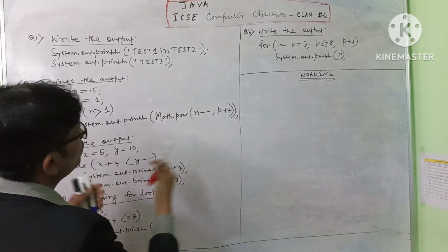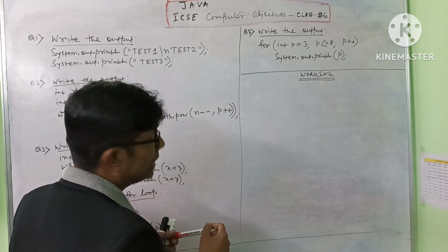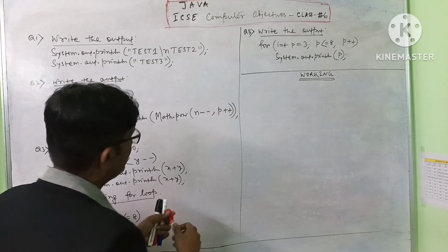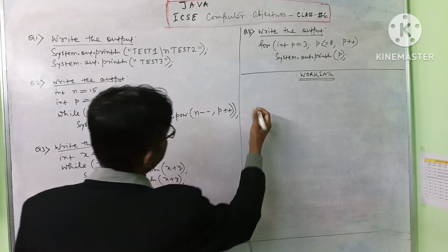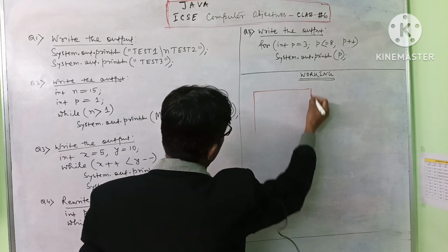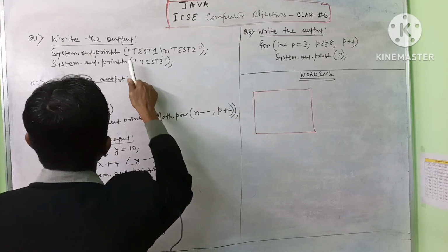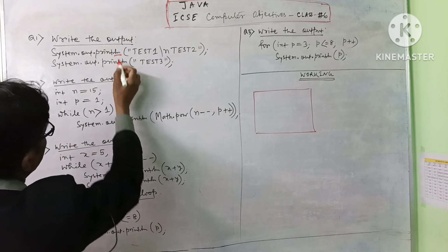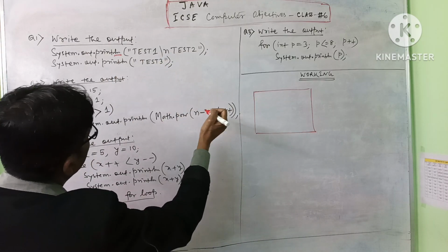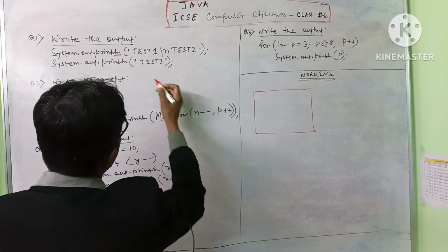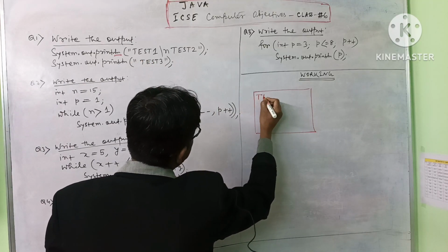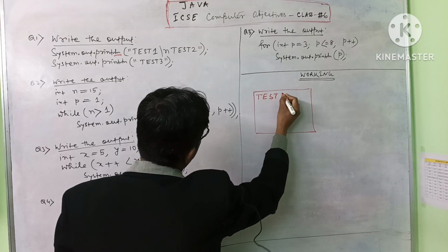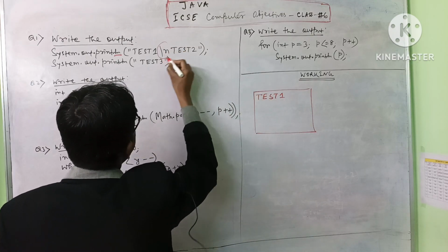If you understand properly how the cursor moves, you can understand where your cursor is going after printing this. This is your monitor. After printing, your cursor will come down. First Test 1 will come, then \n.